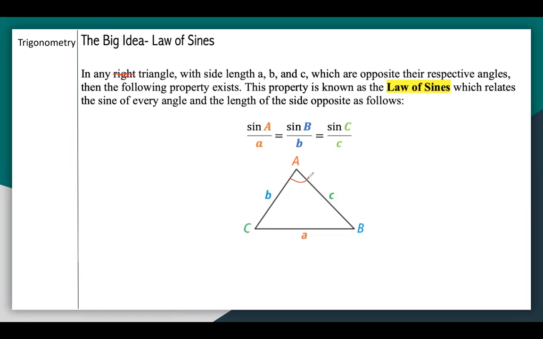The sine of A divided by A, which is really the sine of an angle divided by the opposite side, is equal to the sine of another angle in the triangle divided by its opposite side. And the sine of the third angle divided by its opposite side is equal to the other two.